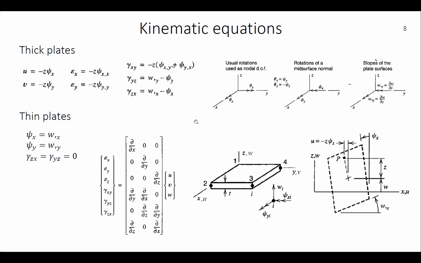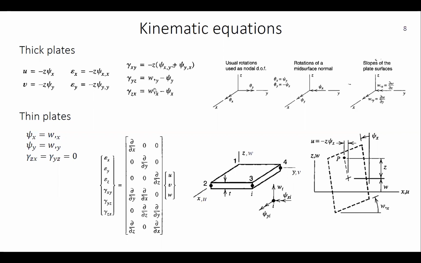And similarly, we will have gamma yz as a combination of the derivative of v with respect to z and w with respect to y.